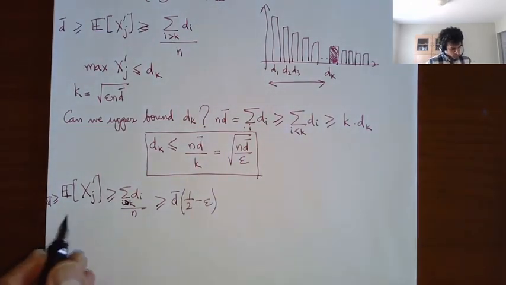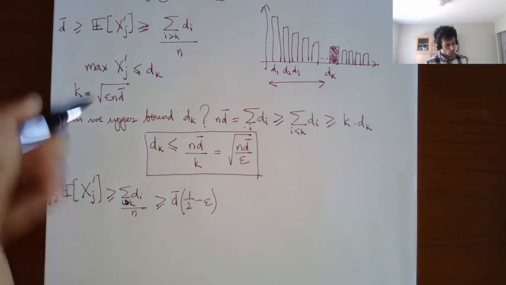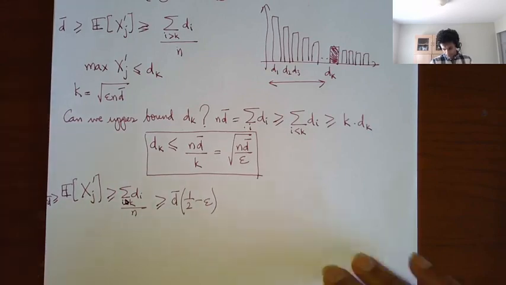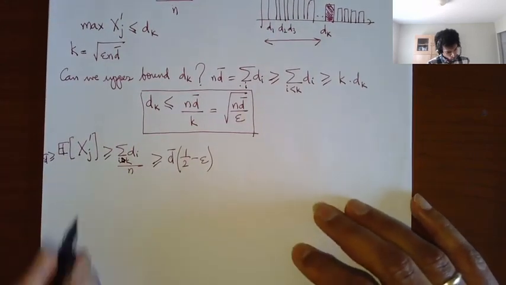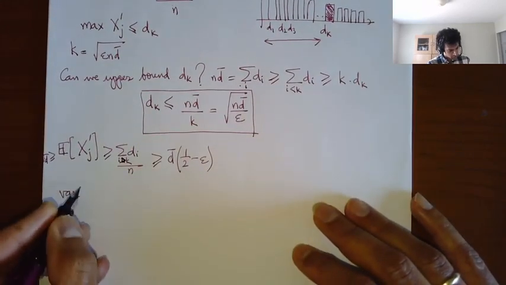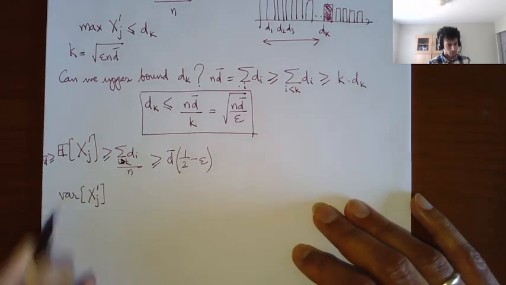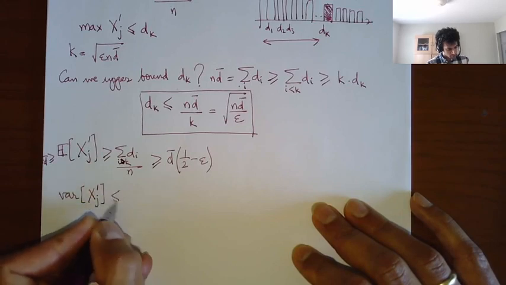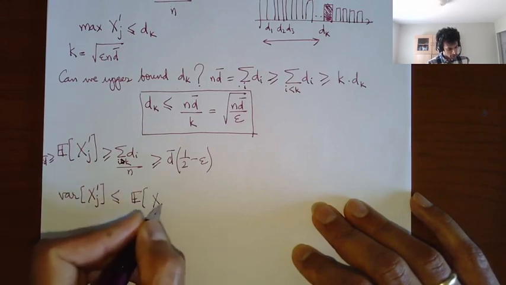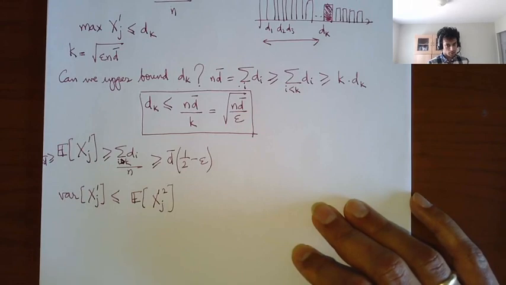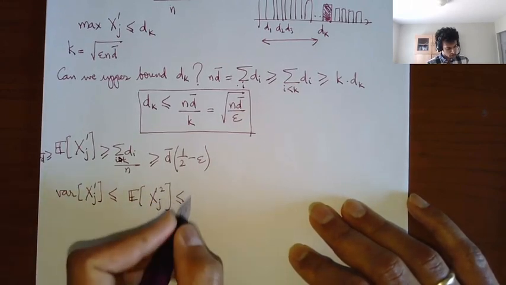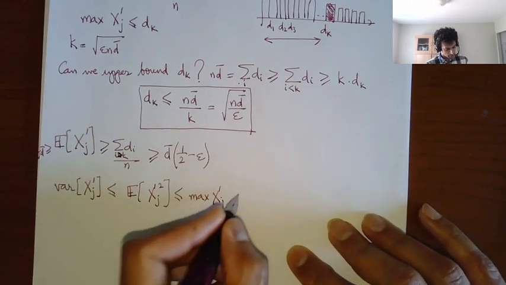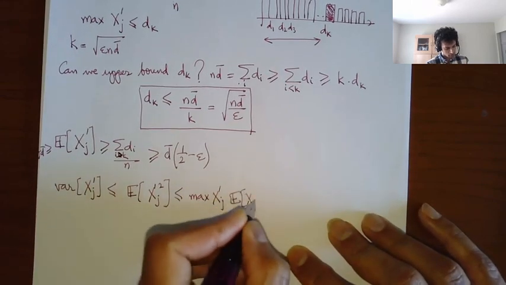Now we also have a bound on the maximum value that this random variable can take. And so once we have that, we are in good shape, because the variance of this, which we can just say is at most the expectation of xj prime squared, which is at most the maximum value of xj prime times the expectation itself.